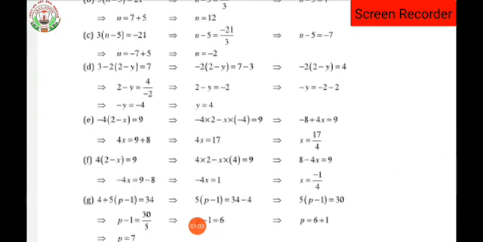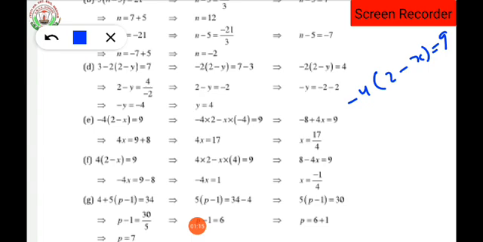So here we are going to see question number 2, E part. Up to the D part is completed, isn't it? Our equation is minus 4 times (2 minus x) equals 9. Whatever number is present outside the bracket will be multiplied inside the bracket.